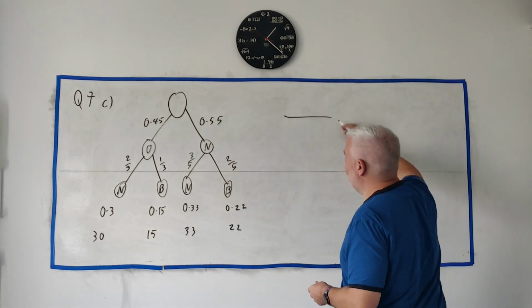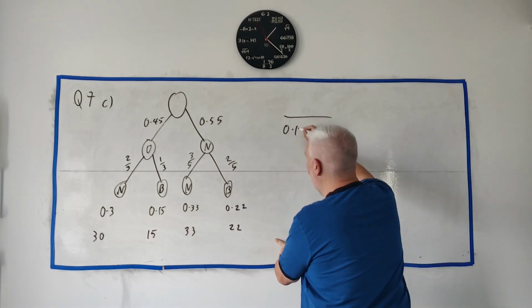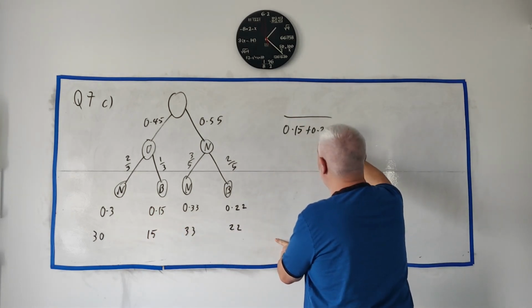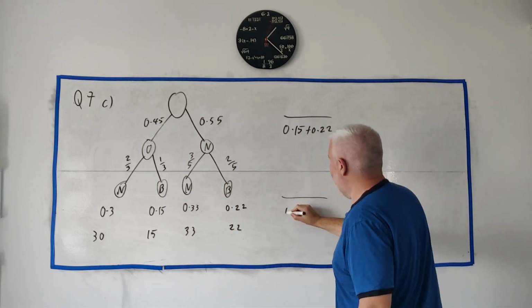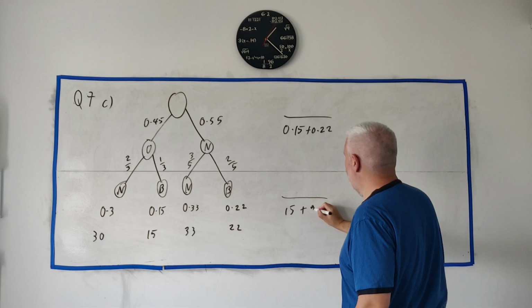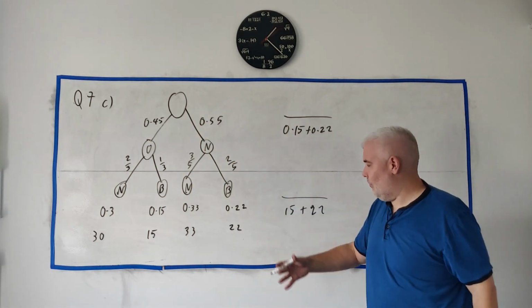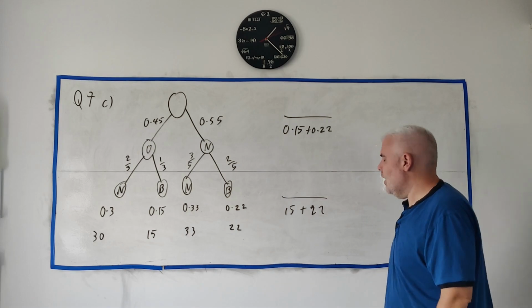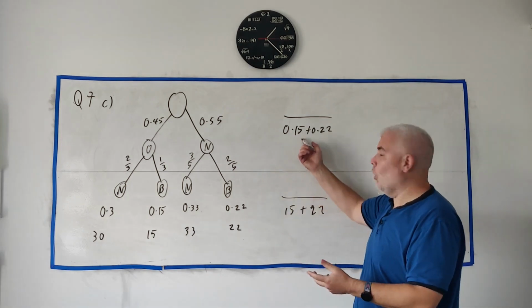So when we're working out probability, the total population is just 0.15 plus 0.22, or if you want, and yeah, I'll do it again down here, 15 and 22. Or if you made up 1,000 as a number, that would work fine as well. So when they're asking us what's the probability, we have to divide by the total.